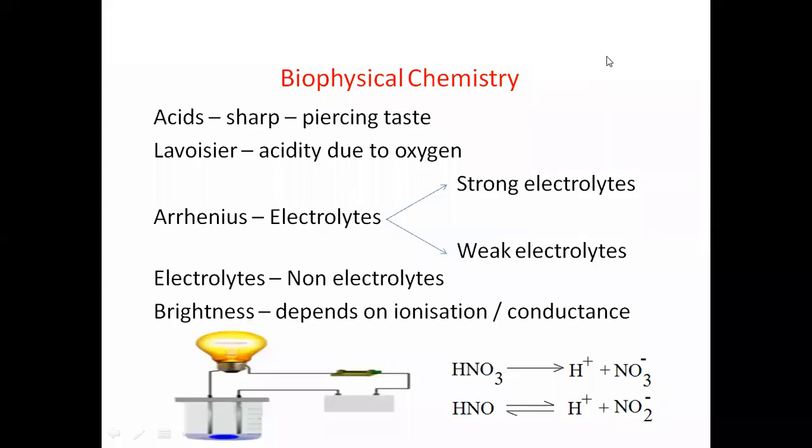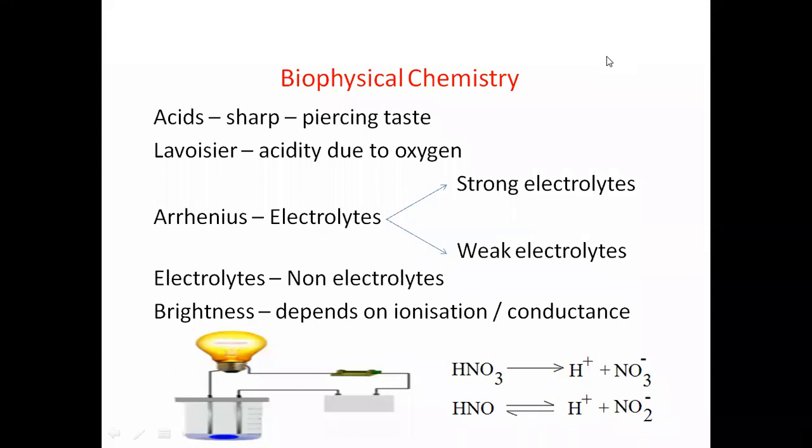So the biophysical chemistry, as we have discussed earlier, acids have a sharp and piercing taste. That was the first observation made by people to distinguish between acid and base.